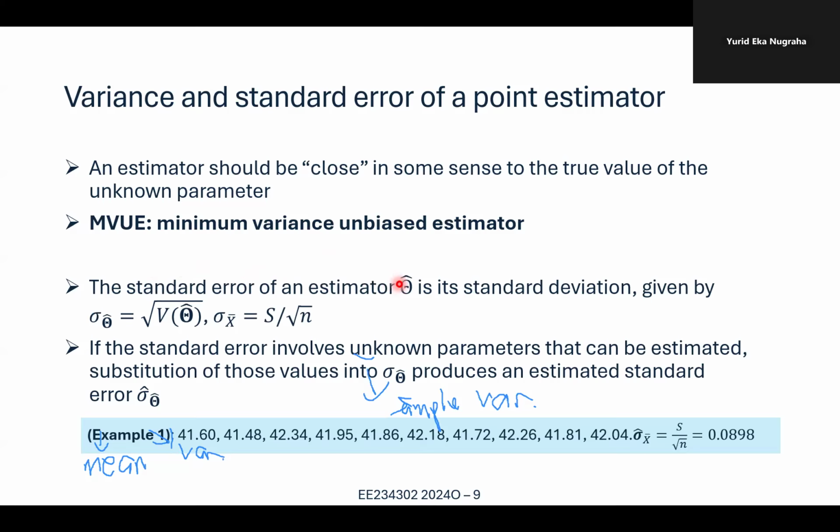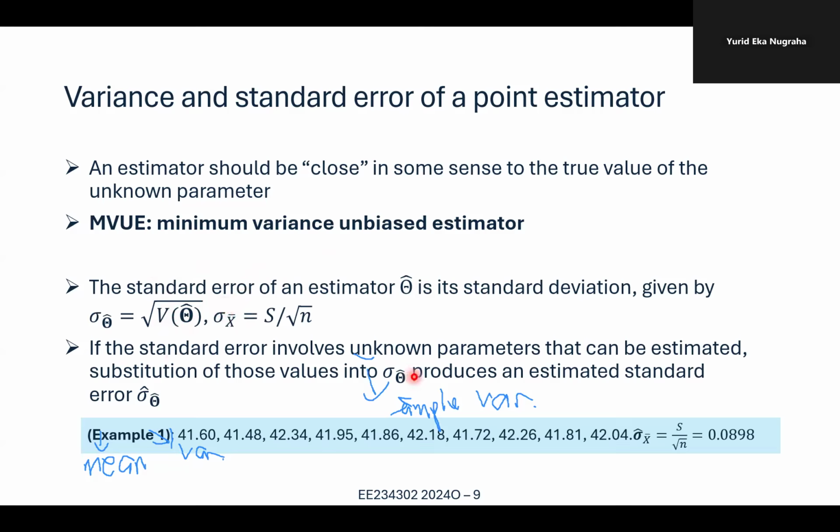And the standard error of the estimator theta hat is its standard deviation, which is given by sigma theta hat, the square root of the variance of theta hat. And the standard error of the mean is s over square root of n.